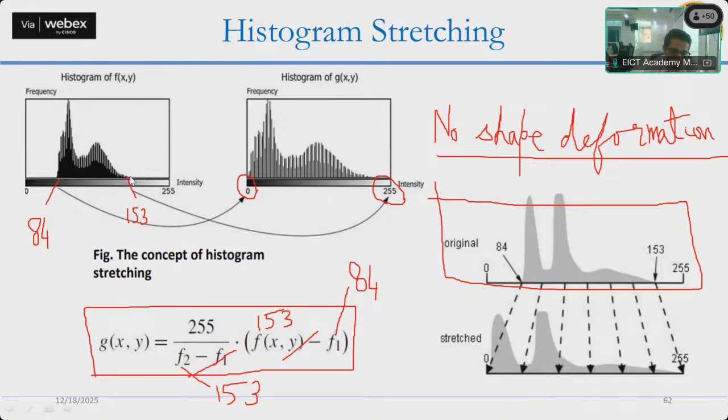So what we are saying is, what will be the corresponding value for 153? When we take that case, 153, fxy will be 153. Pravesh, is it clear?